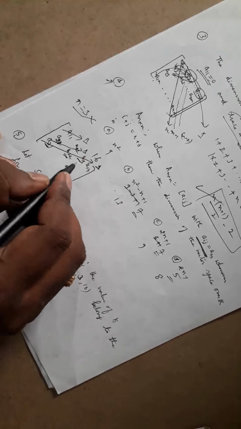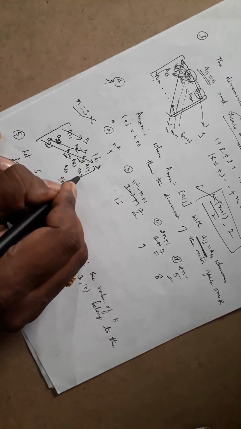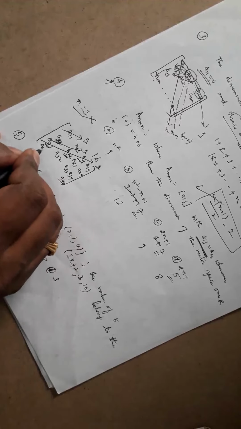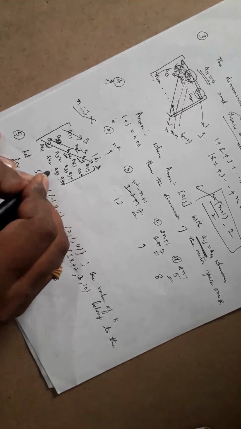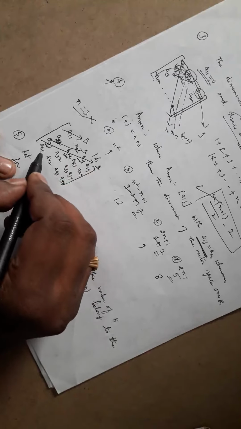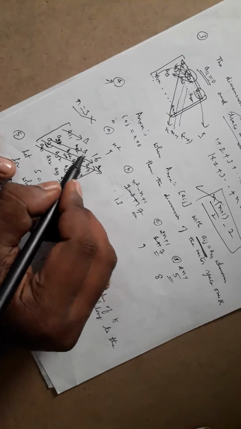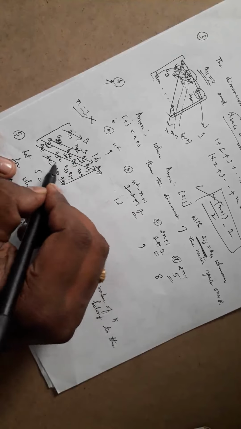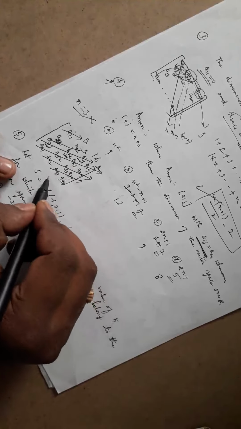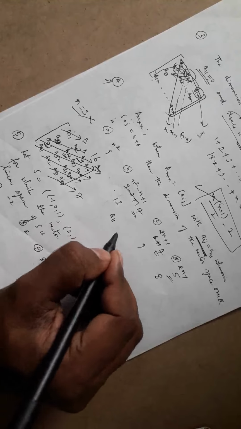Likewise, I can find A23, A24, A32, A34, A41, A42, A43, A44. So again, I will have 1, 2, 3, 4, 5, 6, 7. Wait a moment, I'm just checking it.